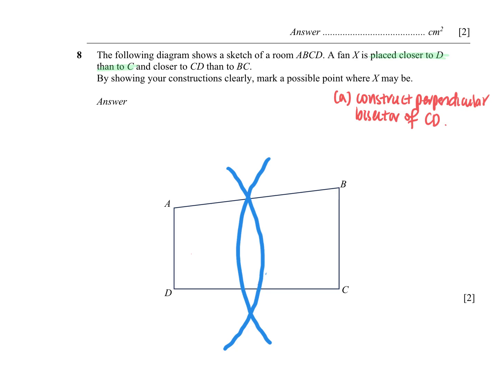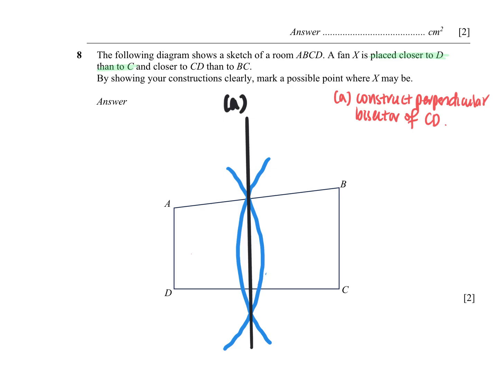And let it pass through here. So this is your perpendicular bisector. So you label part A. Then this one you never let it cut the bottom. No, you cut here. You see these 2 points join together.